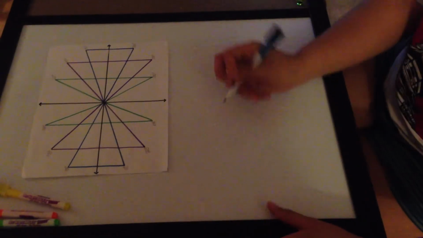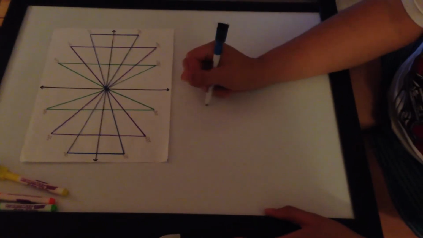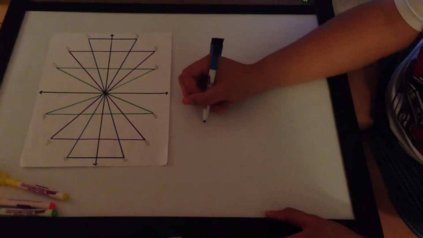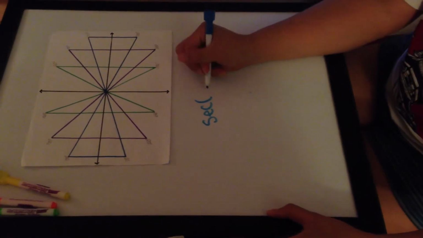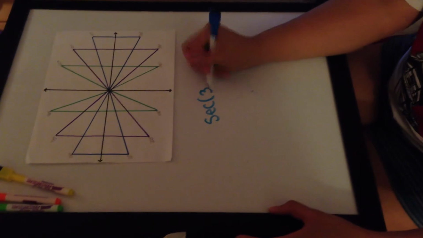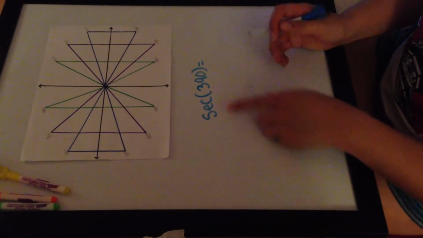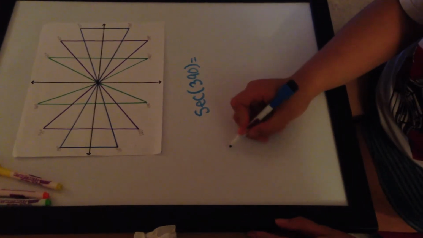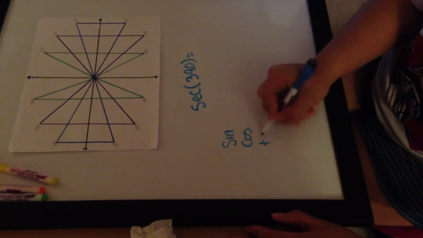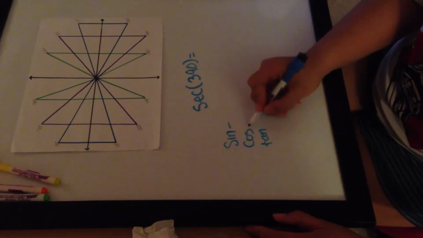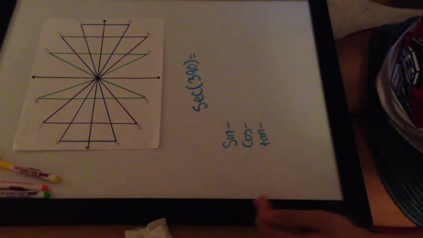3 more. So our next one is a secant value. It is the secant of 390. Okay, so if we go here and we think about our sine, cosine, and tangent ratios, they all have a ratio that goes with them.